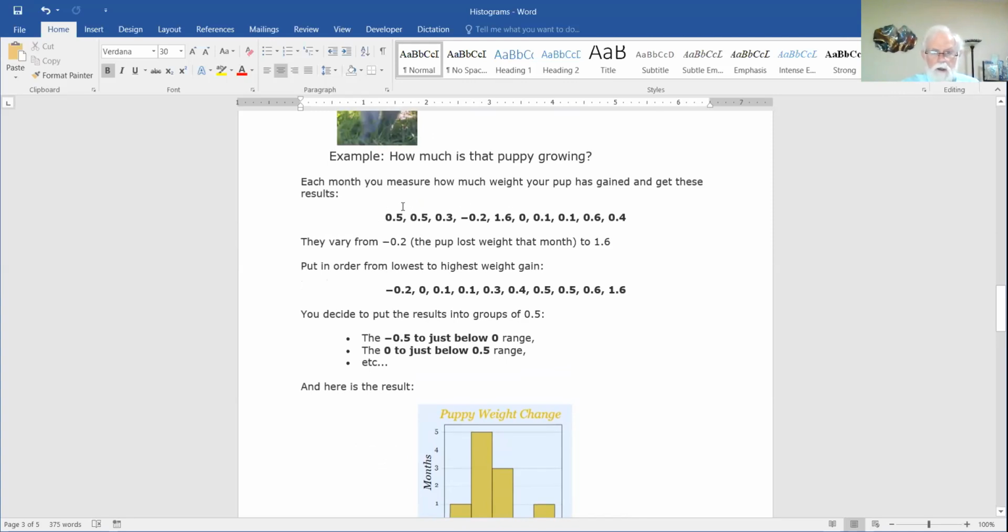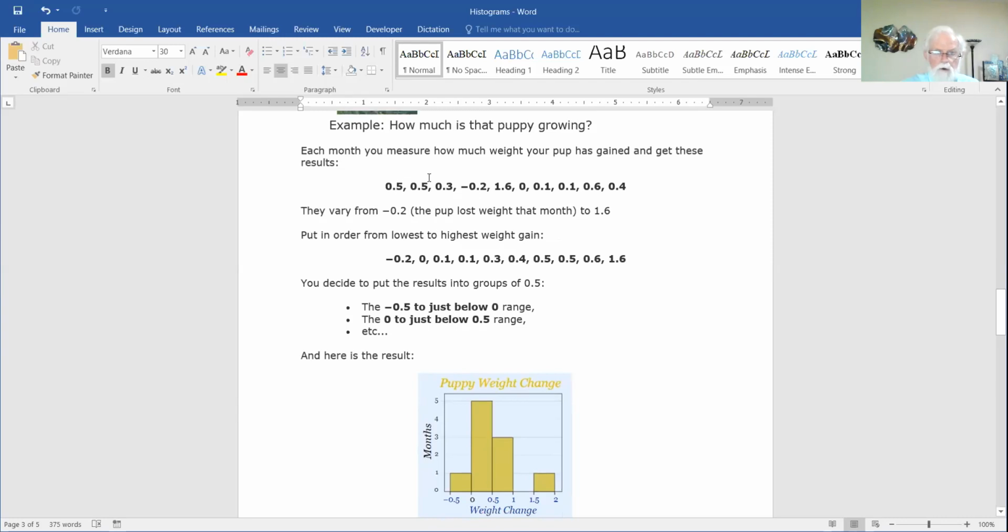So we've got half, I'm going to call these pounds. So we'll call this half a pound, 3/10 of a pound, lost 2/10 of a pound, gained nothing, and some small numbers. So we are going to vary from minus 0.2 to 1.6 pounds in a month.